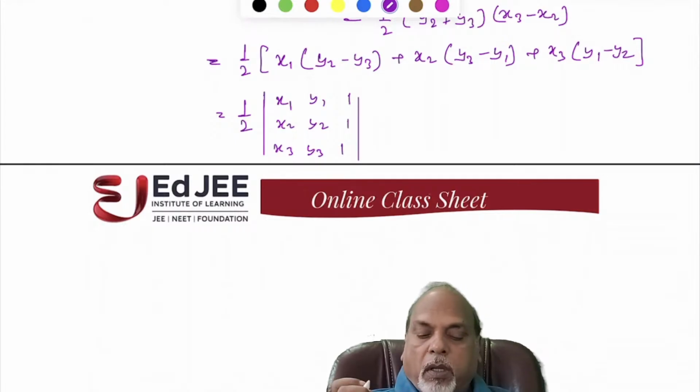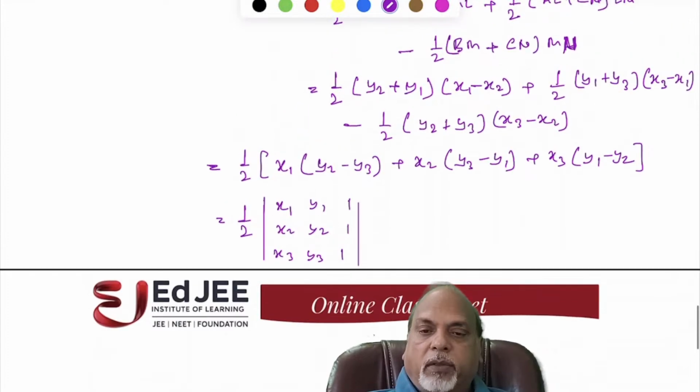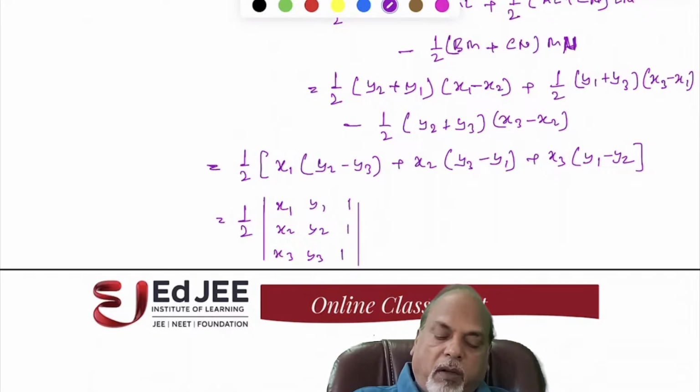Correct. So if you have 3 points x1 y1, x2 y2, x3 y3, then you can always find out the area of the triangle ABC.